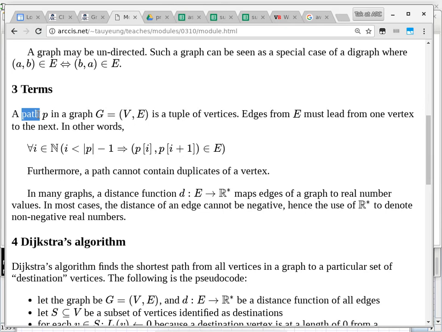A path is a walk with no repetition of vertices nor edges. So I'm going to change my notes and fix that. A path does not have repetition, so there are no loops in a path. It's not that explicit in the notes, so I'm making it extra explicit.